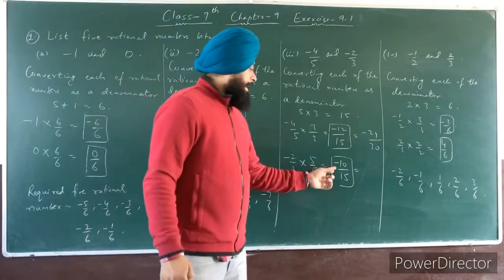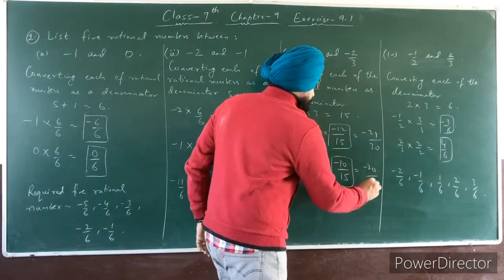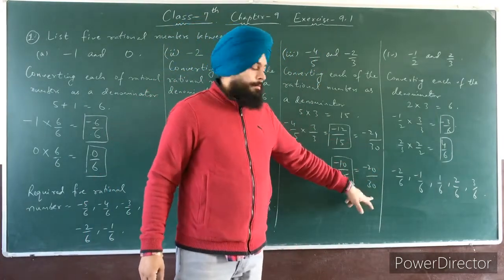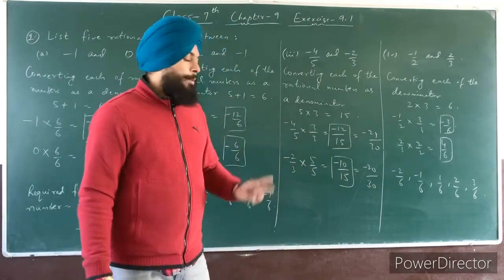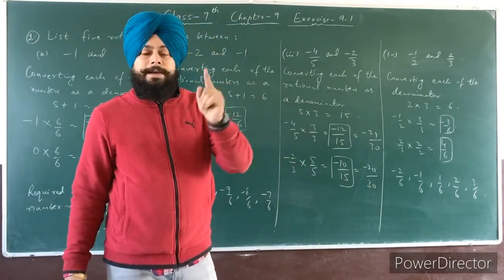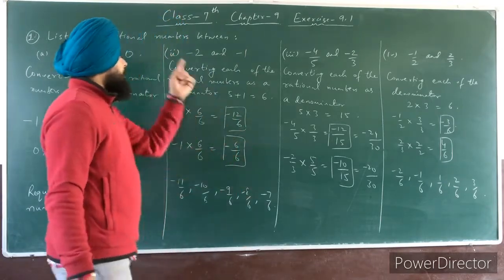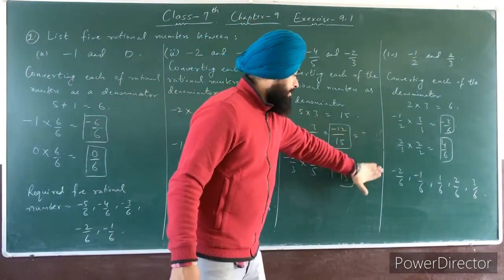Clear? -10 becomes -20 and 15 becomes 30. Now again the denominator is the same, but between -24 and -20 how many numbers exist? 3. -21, -22, -23. 3 rational numbers, but we have to find how many? 5 rational numbers. So you have to write the multiple of 3 here.